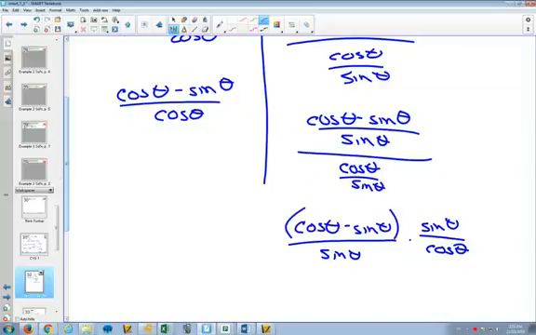When I do this, this one gets grouped together because of the minus sign, but these are identical, so they'll cancel out, and we get cos theta minus sine theta over cos theta, which makes them equal. So that also works.